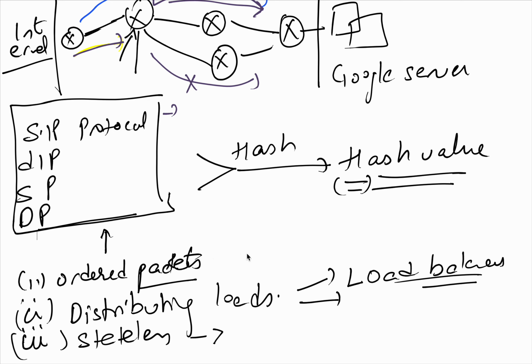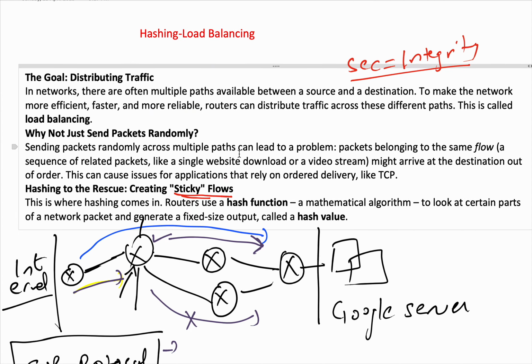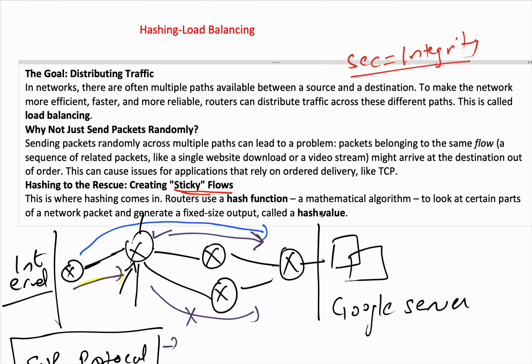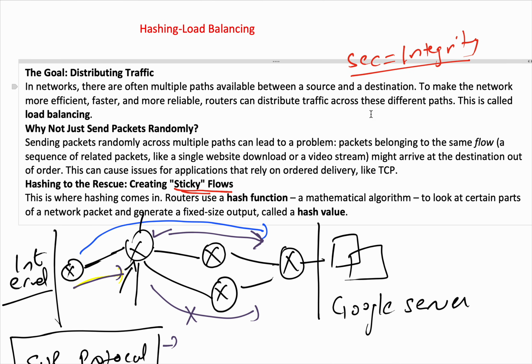It helps us reduce out of order packets and make sure you have ordered packets, distribute loads, and, because routers are stateless, you don't need to track individual packets or make tables. You can use just a hash value to make sure that packets reach in an ordered fashion rather than unordered. That is why we use hashing in load balancing.